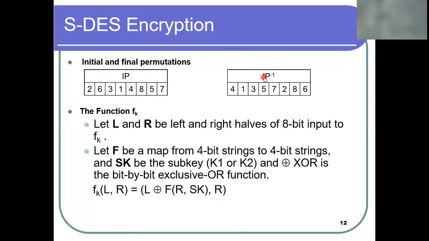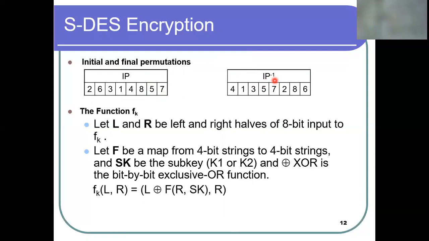And IP inverse is an inverse permutation we have to apply when we have performed all substitution, permutation and all components inside, and then finally we apply the inverse permutation in order to get our 8-bit plain text.